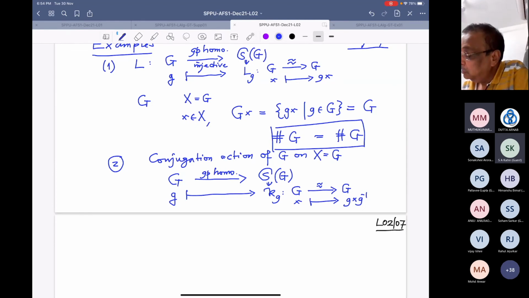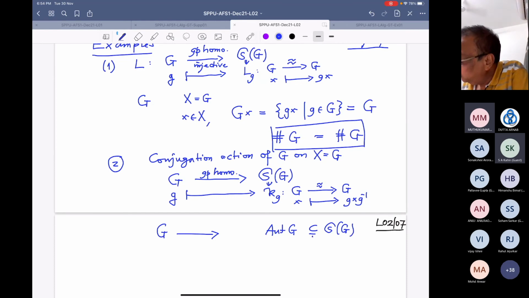So actually this action homomorphism goes like this. g going to kappa g, which is contained in S of G. And remember, this is a subgroup actually. This inclusion is actually a subgroup. And not only automorphisms, but inner automorphisms. This is the map kappa, g going to kappa g.